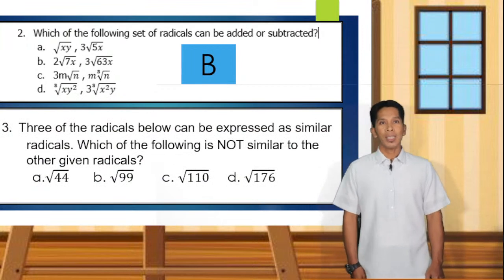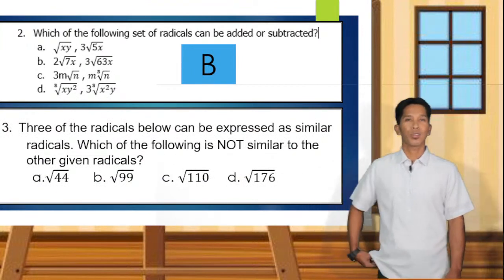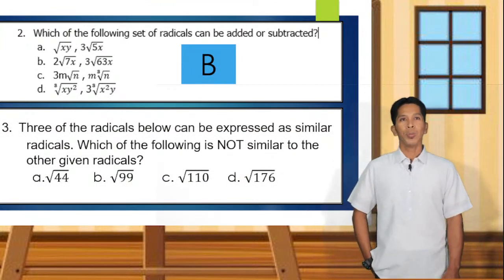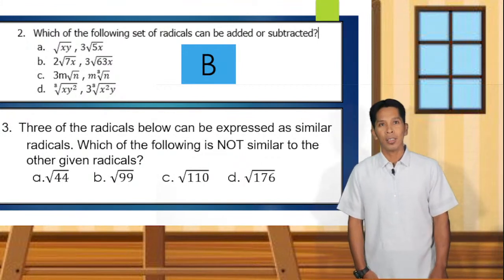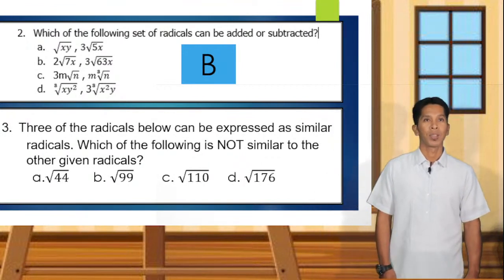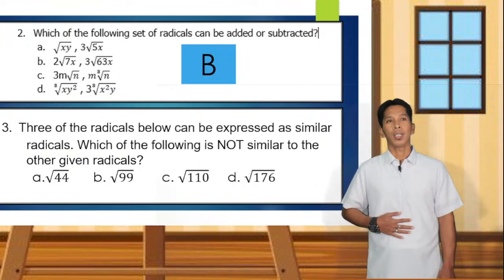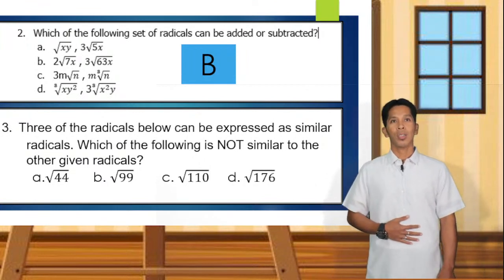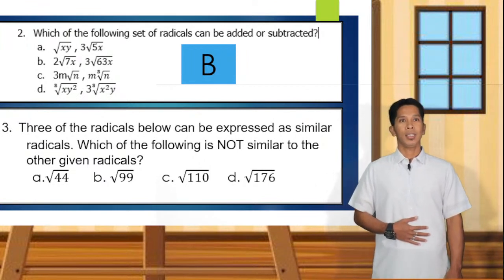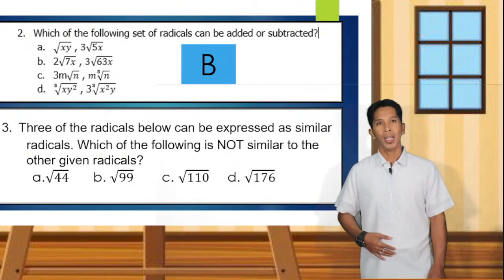3 of the radicals below can be expressed as similar radicals. Which of the following is not similar to the other given radicals? Is it letter A, square root of 144? Is it letter B, square root of 99? Letter C, square root of 110?